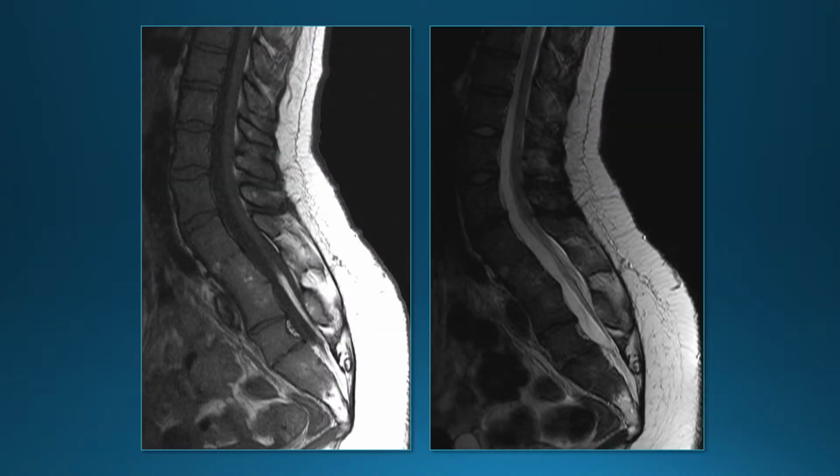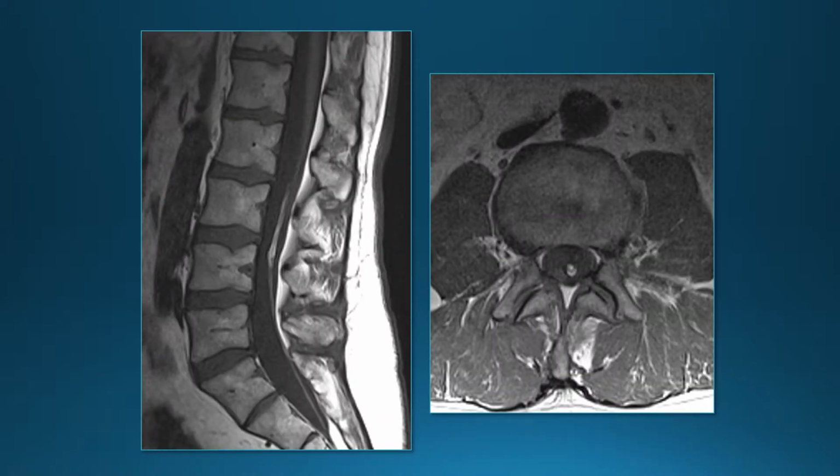So this is a patient with lipoma and a tethered cord. The conus is way down low, L3 or L3-4. This is a patient with a lipoma of the filum terminale, and although most of the time these are not associated with tethered cord, this patient did have symptoms of tethering, even though the conus was just above L2-3 in this case.